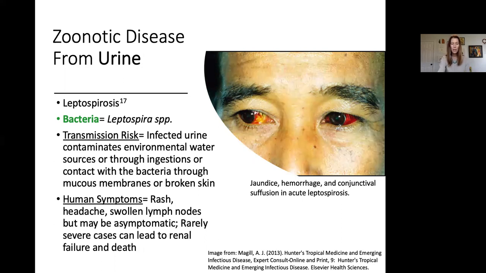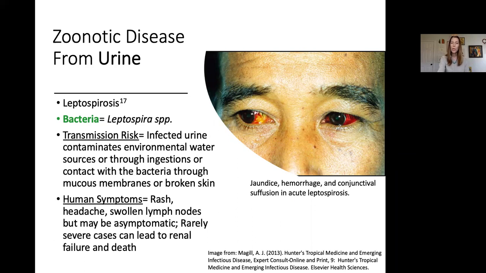You can also get this disease if you have come in contact with contaminated food or drinking water, and then that infected urine can get into that, and that's where we see some problems. If you have skin or a mucous membrane that has contact with urine-contaminated water or soil, that's another way for this to be transmitted.